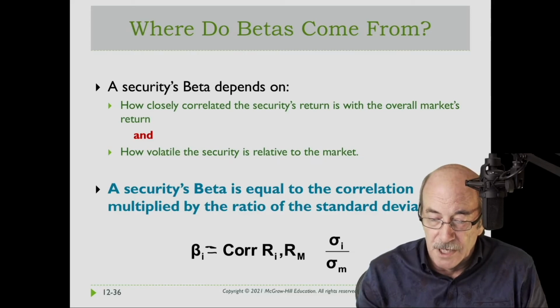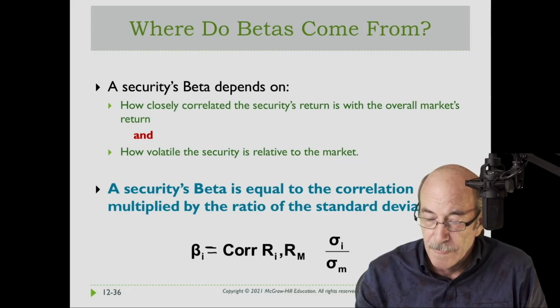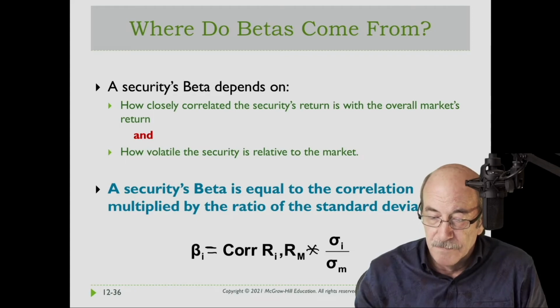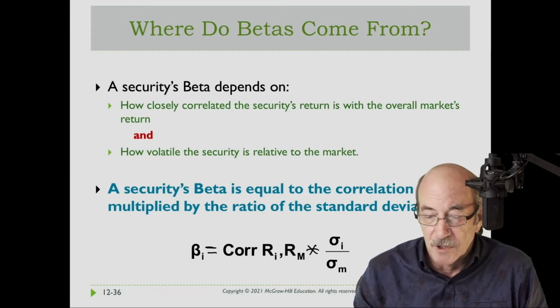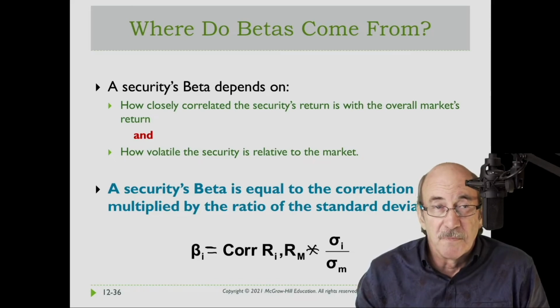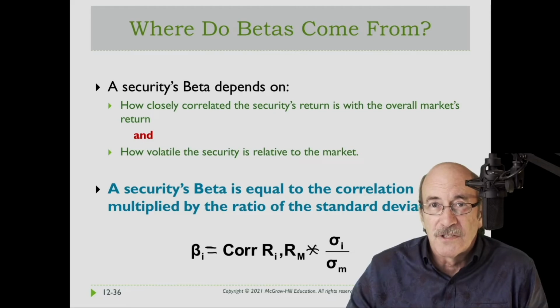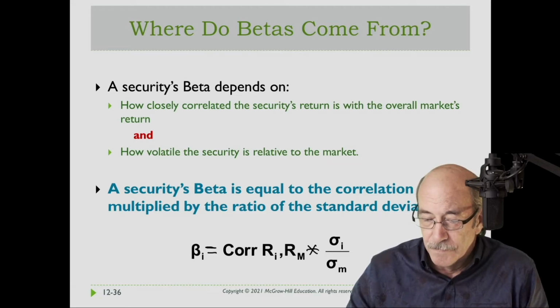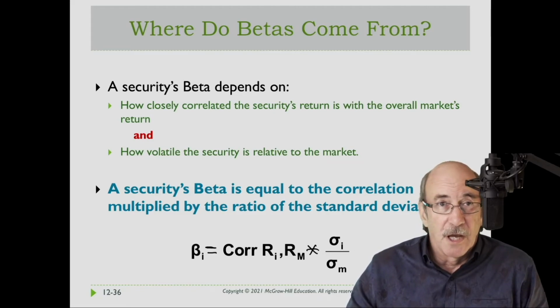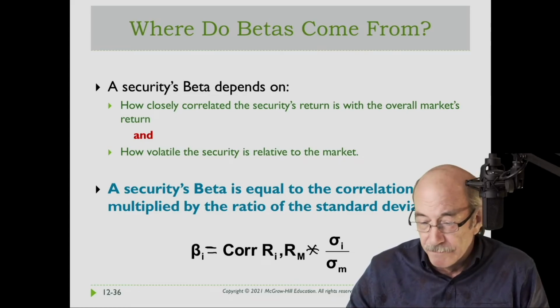One other way to get my beta is instead of running a regression, which actually I strongly recommend that you do run the regression because you get a lot of other nice stats out of that. You get your R squared, you get your T stats, your P values. But if you really just want a quick and dirty, what's the beta?